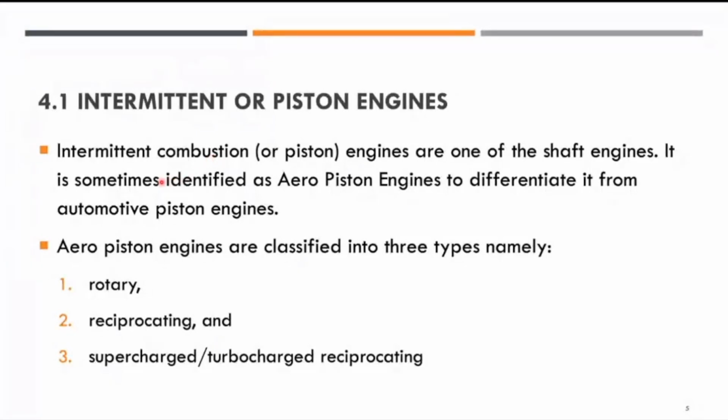As we know, intermittent combustion or piston engines are one of the types of shaft engines. They are sometimes identified as aero piston engines to differentiate them from the normal automotive piston engines.